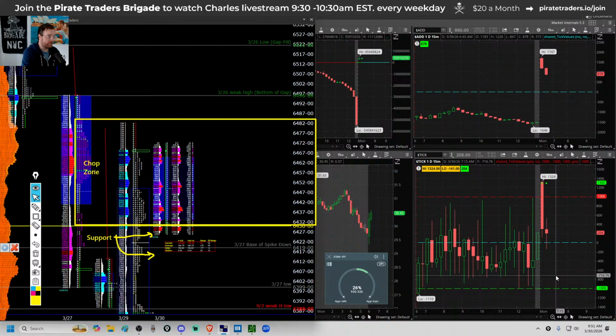Okay, moment of truth. If this turns into resistance and another wave of sellers steps in, market's going lower today. If not, more chop.